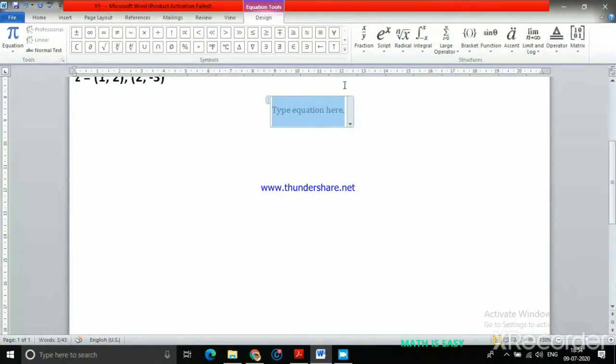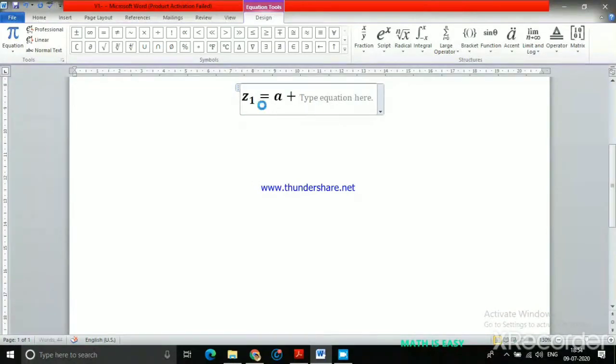Let's see what we can write. So here, let me take the first complex number as z1 equals a plus ib.